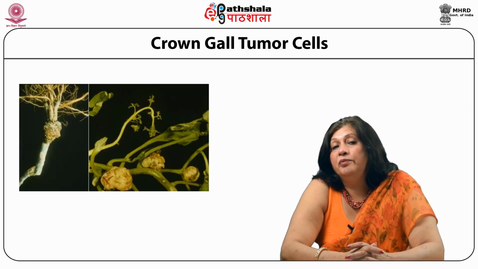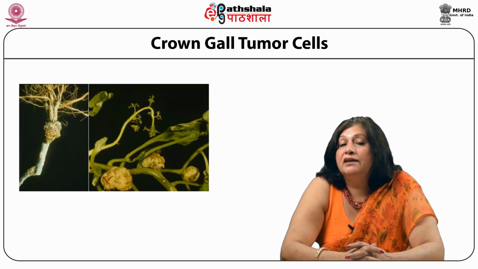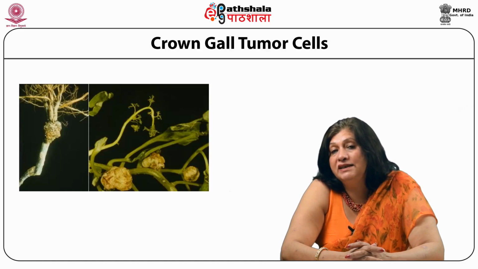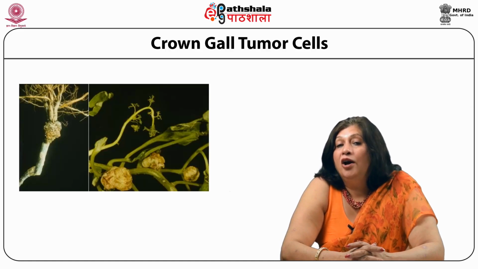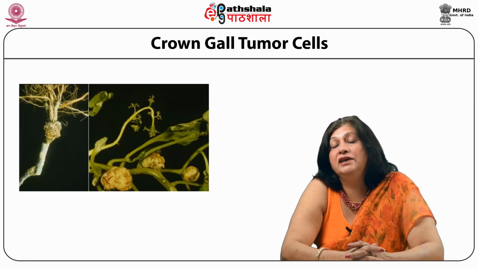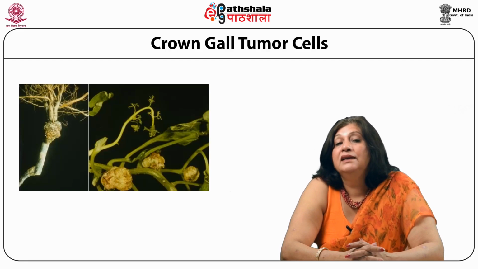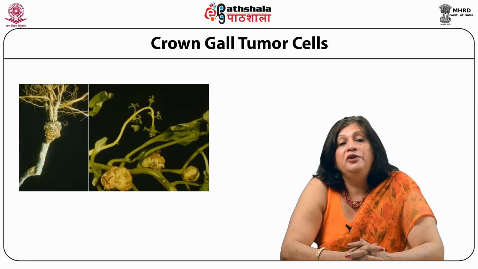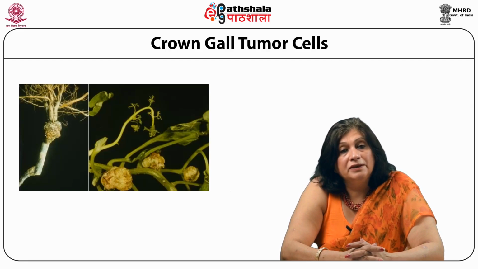We talk of Agrobacterium mediated transformation. So once you get a transformed callus, then the success will depend on how many of these cells are getting transformed, how many of these cells are actually giving rise to complete plants, and how many of the plants so regenerated are useful to you for a particular purpose.